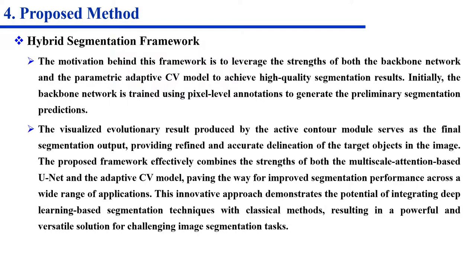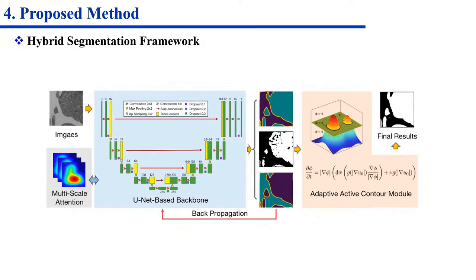These predictions are then passed through the crucible of the adaptive active contour model, which refines and sharpens that segmentation. The end result is a segmentation output that mirrors precision with adaptivity. The hybrid segmentation framework is shown in these pictures.